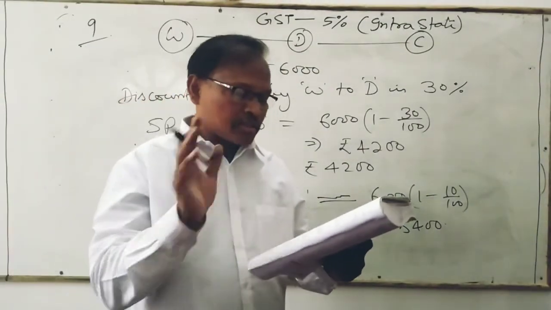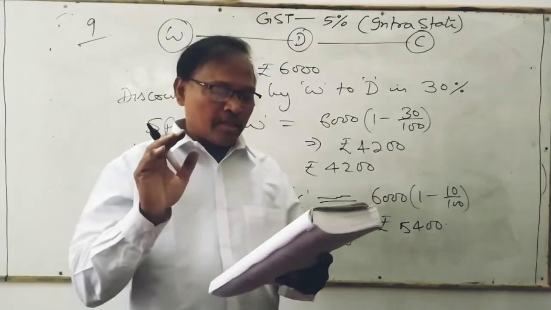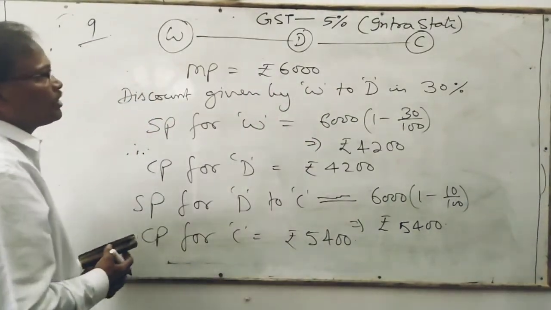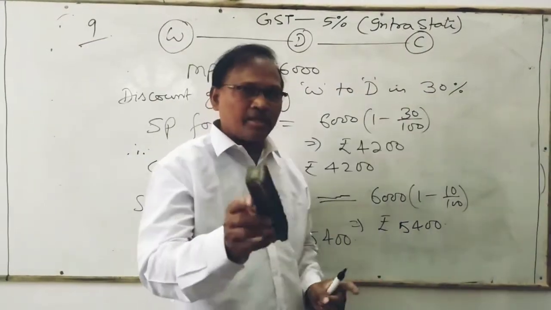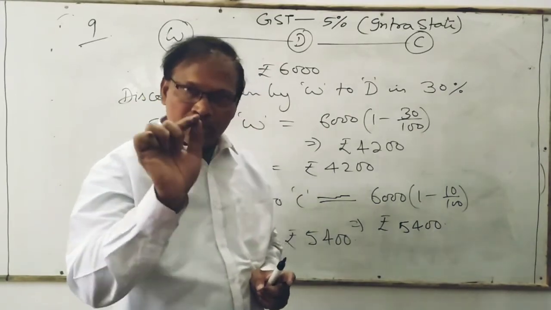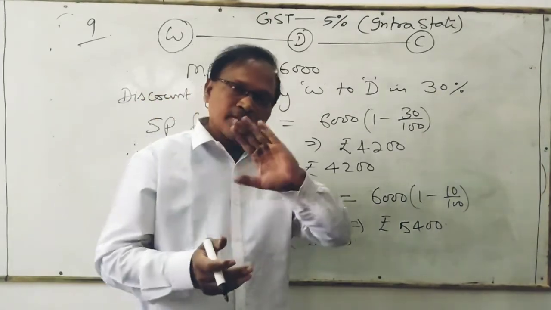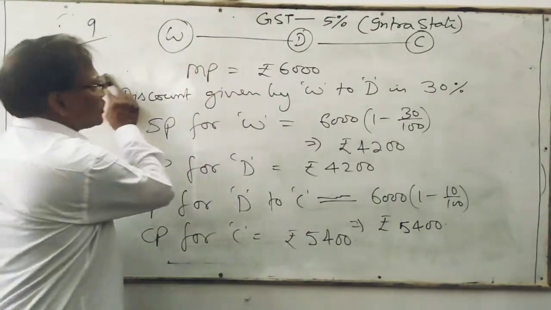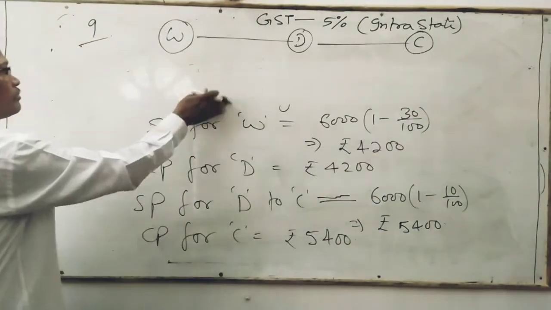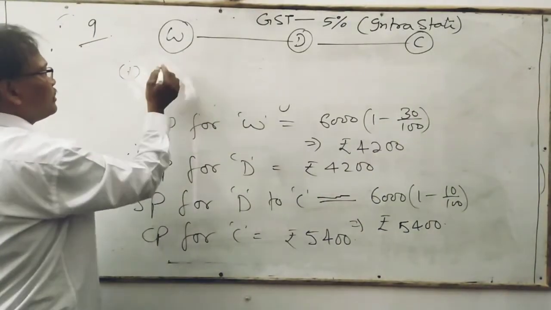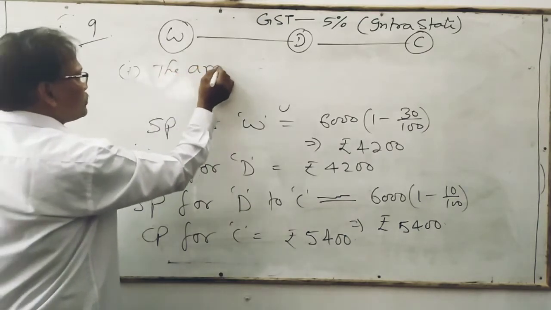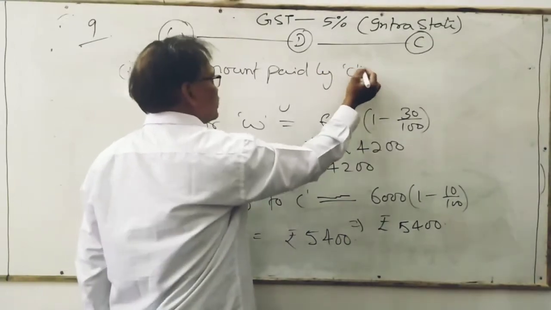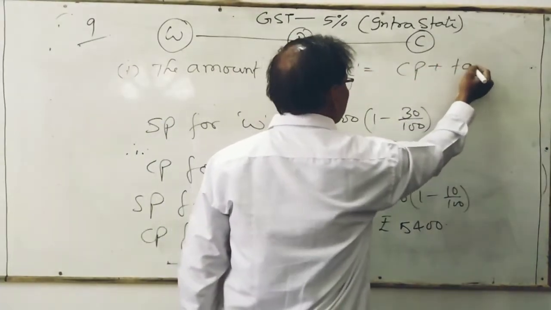Then the GST is 5%. You have to find the amount paid by the consumer for the article. कितना amount पे किया गया consumer में? तो हमने बताया कि consumer will pay the CP plus total tax. और वो tax किस पे निकलेगा? CP पे ही निकलेगा. Total tax मतलब 5% of CP. तो इसको हम निकालते हैं. First part, the amount paid by consumer, CP plus tax.